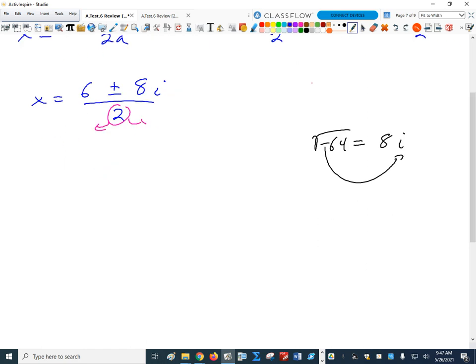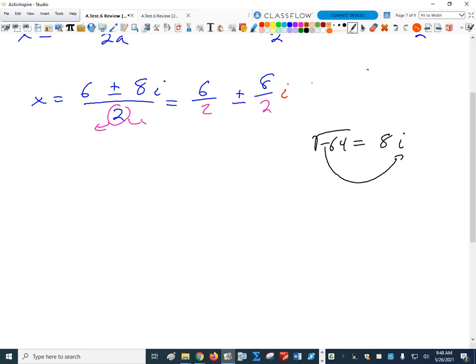So our final answer is going to look like 6 over 2 plus or minus 8 over 2 times i, right? There's my i, and I'll put the i after that second fraction. And why are we doing this?